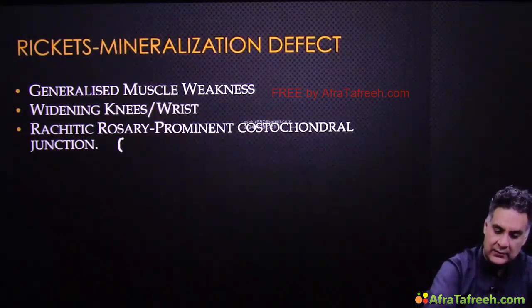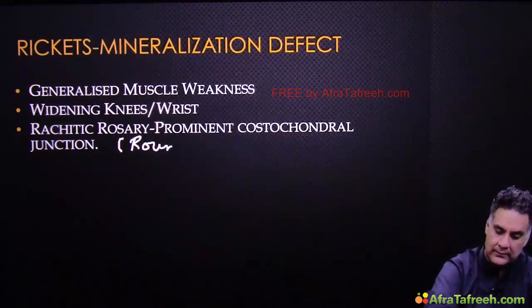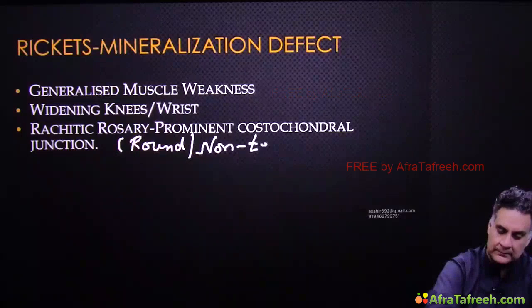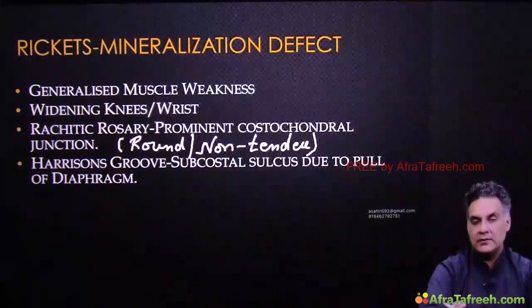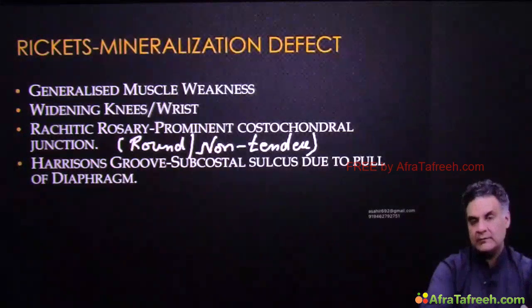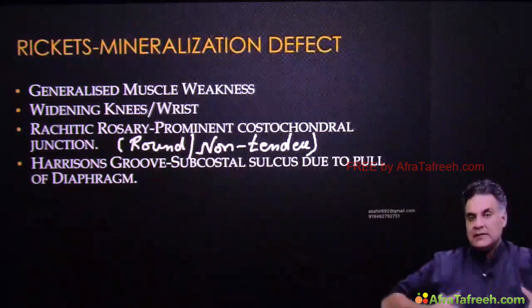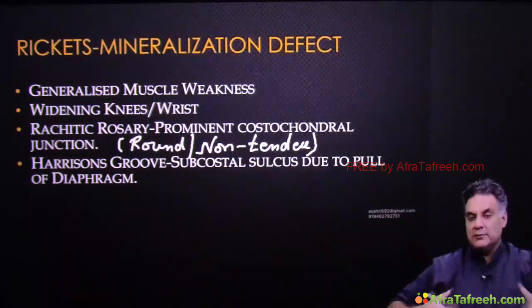In rickets, this rosary is round and non-tender. Harrison's groove is a groove because of the pull of the diaphragm. Just beneath the rib cage, there is a subcostal sulcus from the pull of the diaphragm.